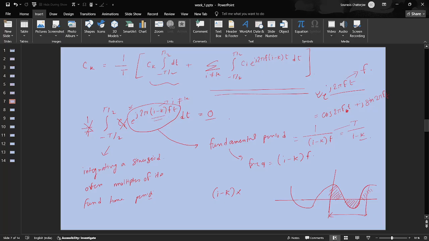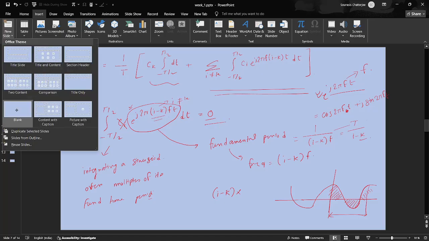And if I integrate over multiples of its time period, what am I going to get? 0 again, right? So that is what we are getting. So the expression of Ck I have written earlier turns out to be correct.